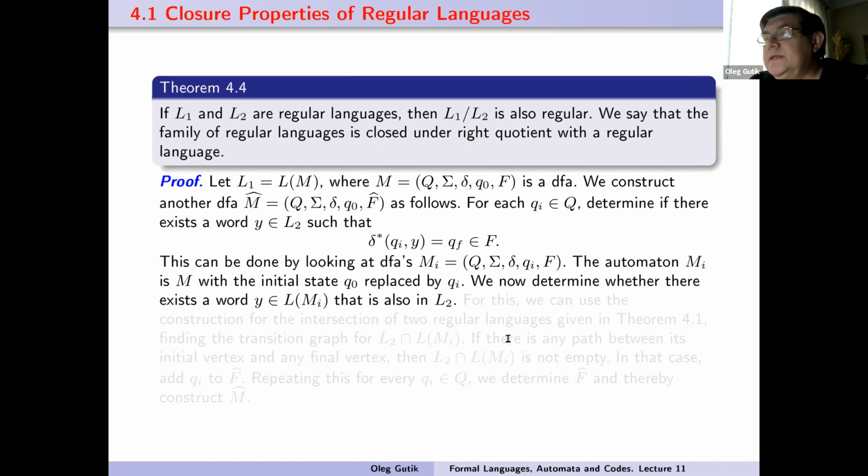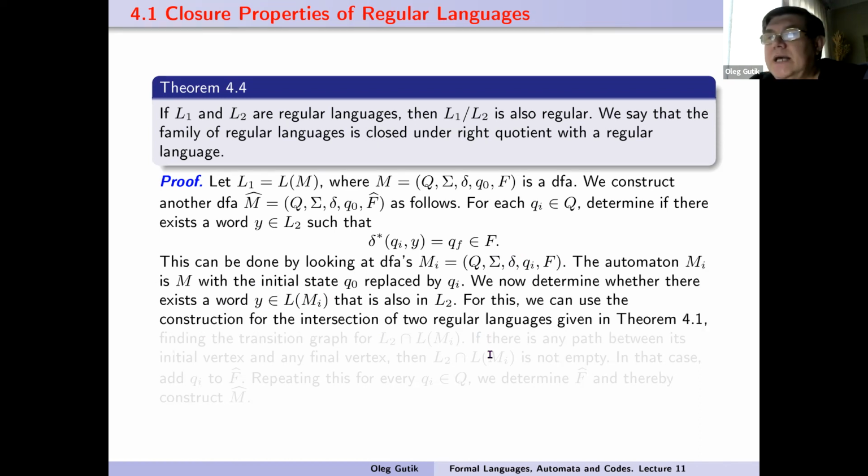Now we determine whether there exists a word y from the language accepted by automaton Mi that is also in the language L2. For this, we can use the construction for the intersection of two regular languages given in theorem 4.1.